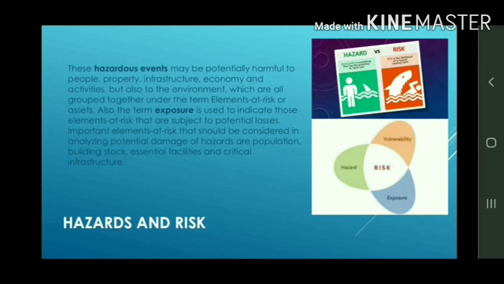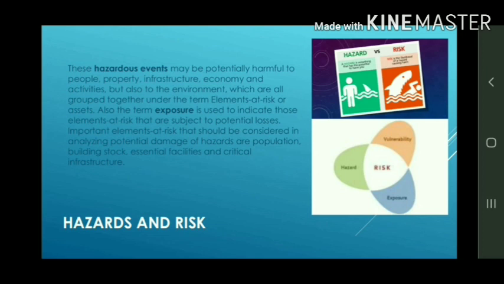These hazardous events may be potentially harmful to people, property, infrastructure, economy, and activities, but also to the environment, which are all grouped together under the term elements at risk or assets. Also, the term exposure is used to indicate those elements at risk that are subject to potential losses.